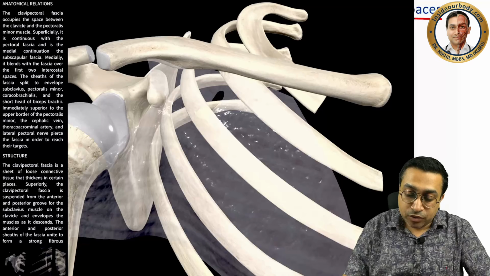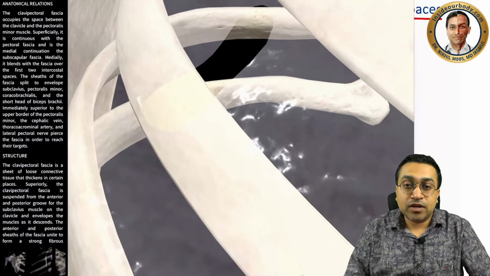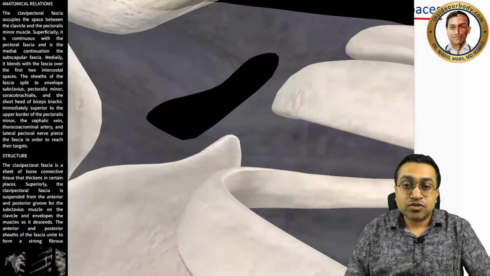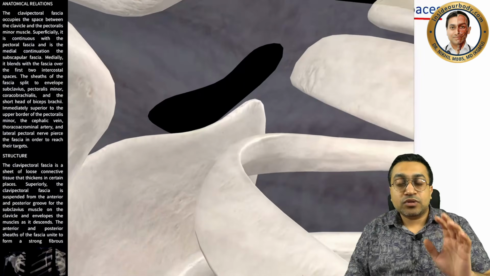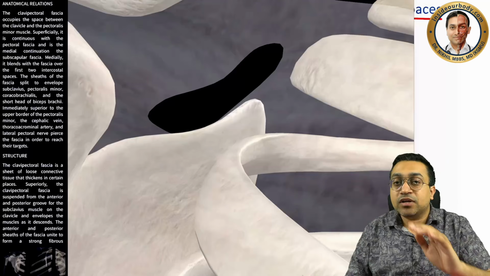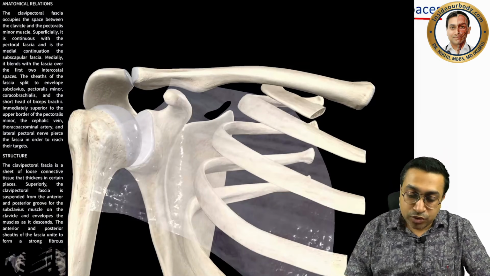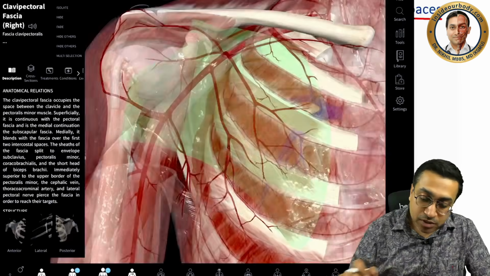Another thing, if you can see, there is a hole, there is a space through which the structures will be passing. So this is very important. There are certain structures which are piercing the clavipectoral fascia, which we will talk about in a while. So let me show you these structures first.